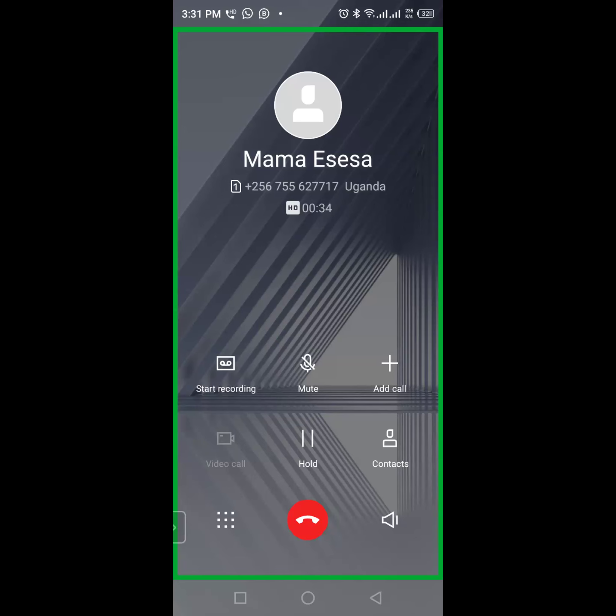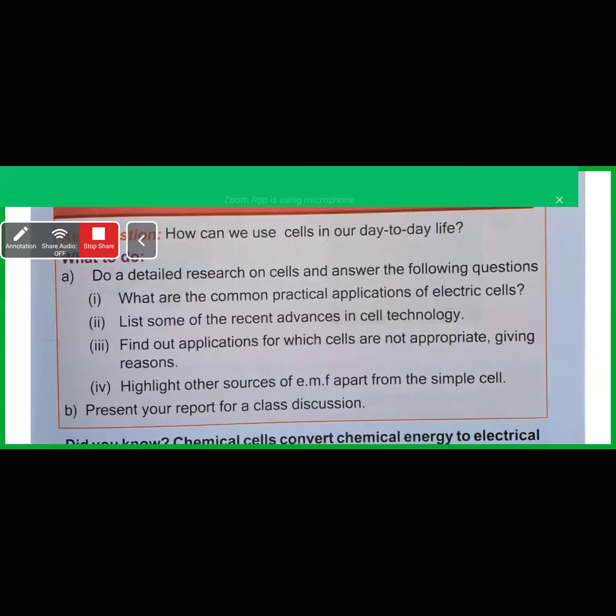From the chat, Patience is saying washing and ironing. Bridget is saying washing. Okay. Interruption. Yes, please. Sorry for that.